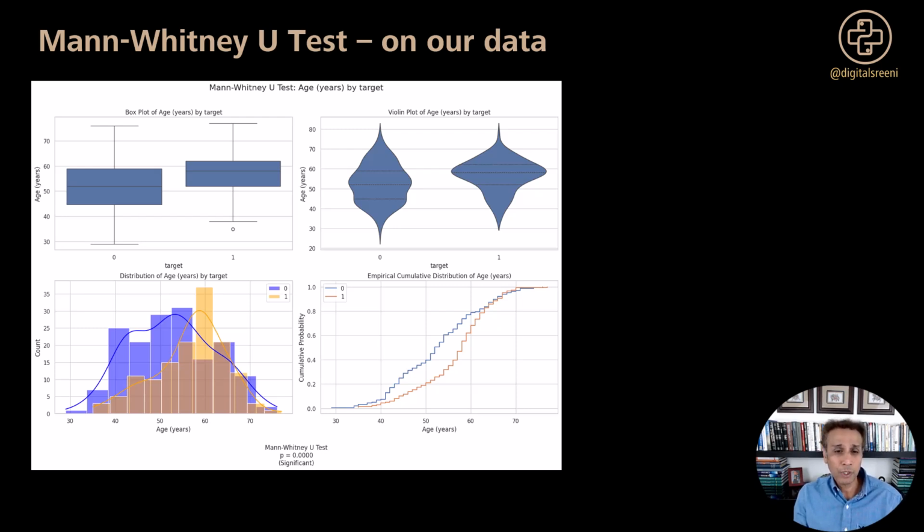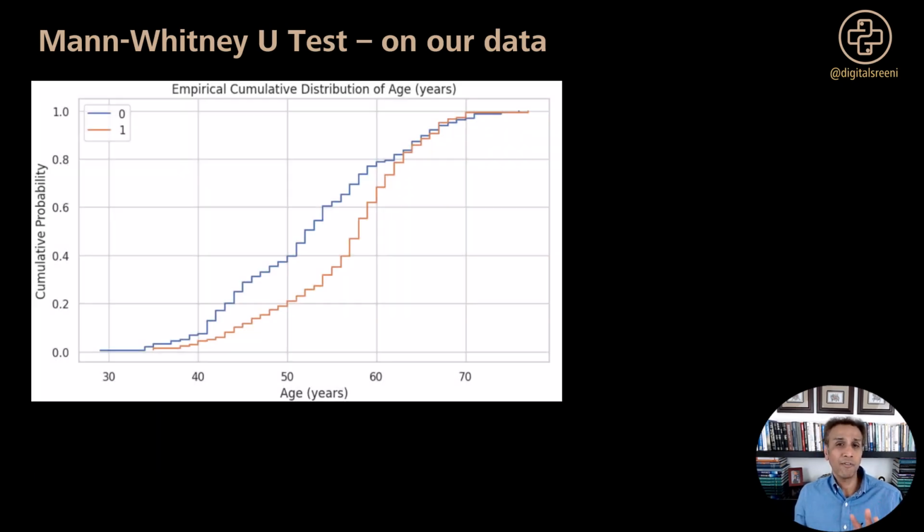And I want to focus a bit on the bottom right part, which is the empirical cumulative distribution of age, the ECDF plot. This is also quite common to report. What does it tell us? Well, you pick a specific spot, for example, age 50. If you draw a vertical line at age 50, in the orange plot, which represents with heart disease, that tells us that 20% of the data is age 50 or lower.